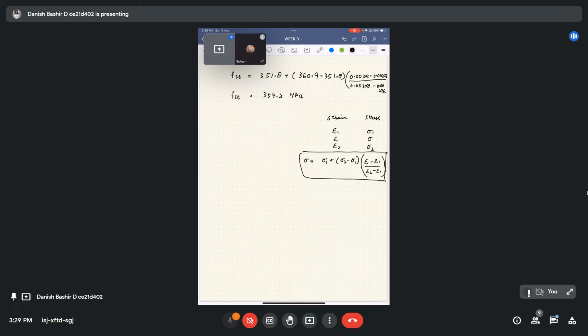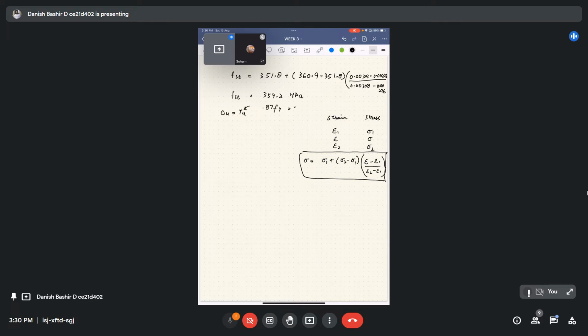So FST we got as 354.2 megapascal. So we can directly calculate our XU depth by equating now CU equals TU. Here in TU we were initially using 0.87 FY.